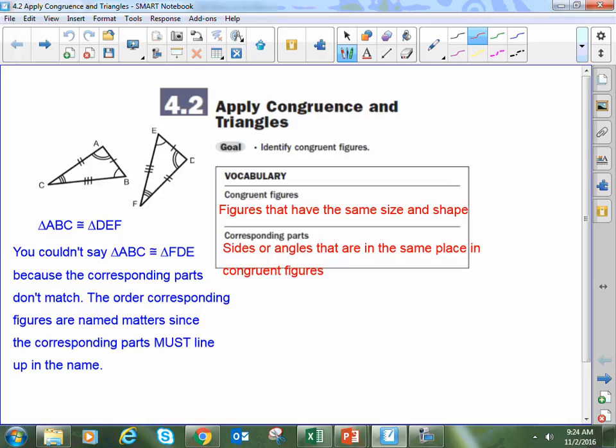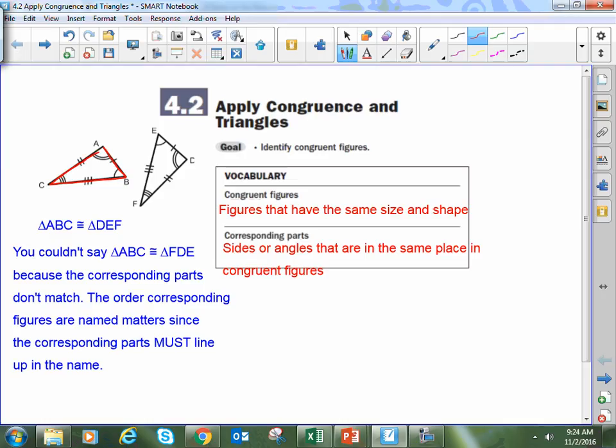Now the reason why I'm calling the second triangle DEF is because of how I named the first triangle ABC. Because I started with A, looking at the diagram, it has the two hash marks. And from A, I went to point B along the side that has a single hash mark on it. Then I went along the side from B to C that has the three hash marks on it, and then finally back to A to close it.